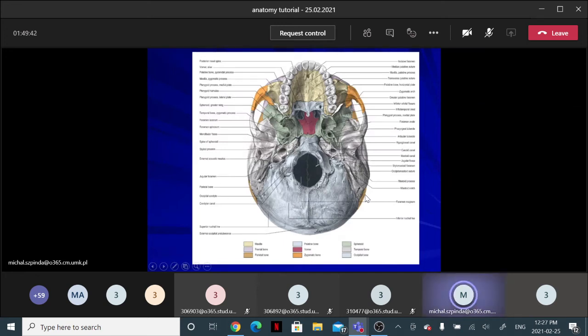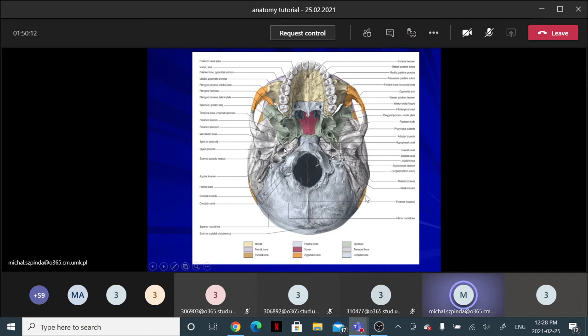Just in the middle of the petrous temporal bone, we can see the external opening of the carotid canal, because here starts a canal that transmits the internal carotid artery into the cranial cavity.